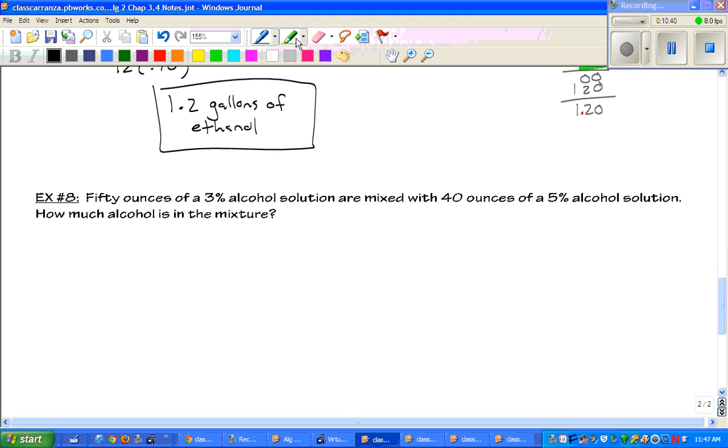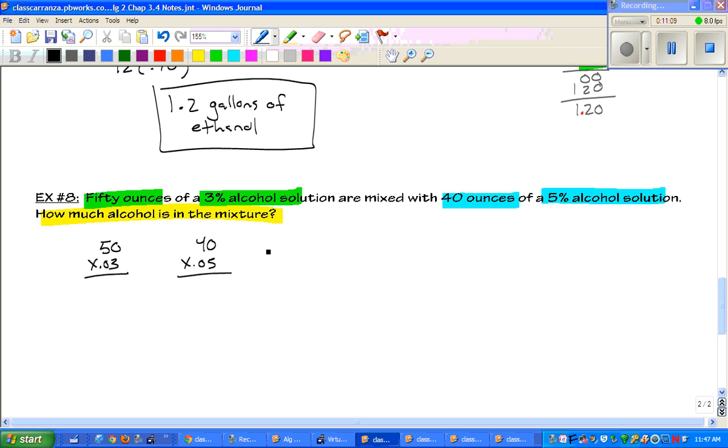Okay, next one. It says 50 ounces of 3% alcohol solution are mixed with 40 ounces of 5% alcohol solution, and it's asking how much alcohol is in the mixture. So we want to know both of those. There's 50, and you're going to have to figure out 3%, and then there's 40 ounces with 5%.